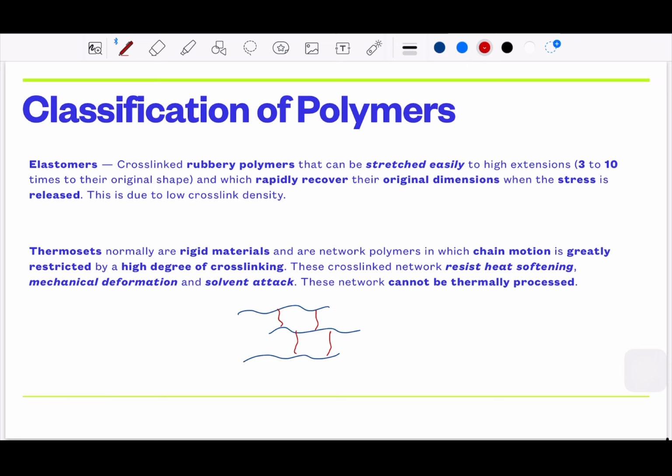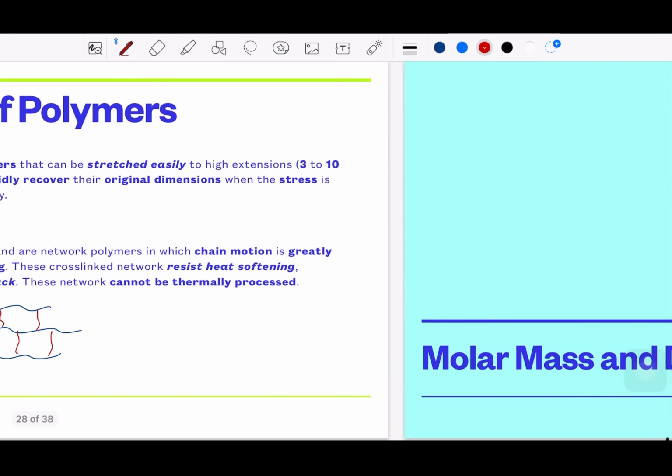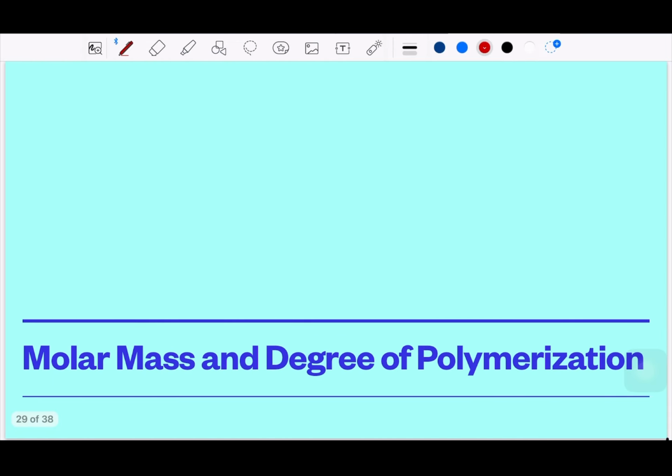Of course, it will not be really 100% because of some factors in the process. But for the crosslinked thermoset, of course you will not be able to do that. So it's stuck in this form. Okay, that's the classifications, and then next.